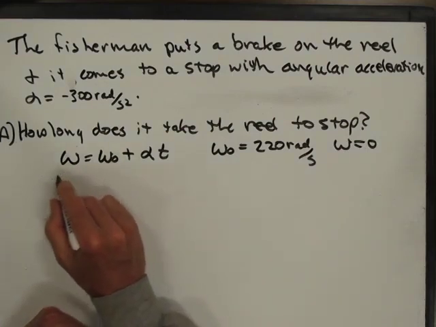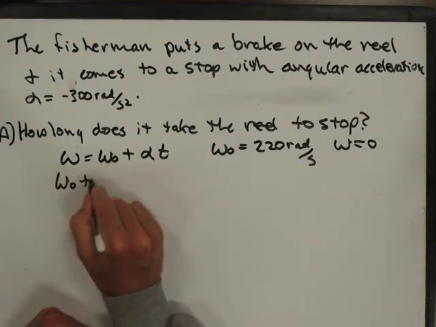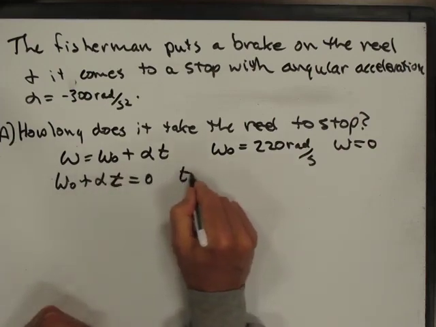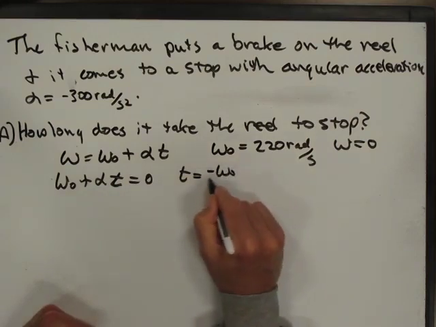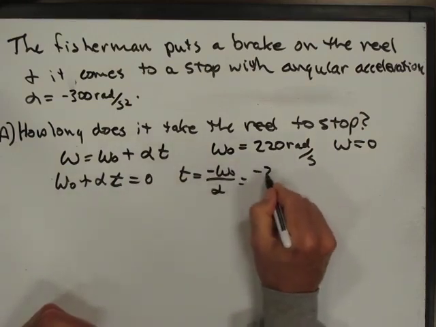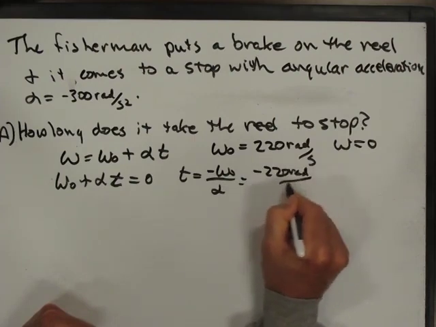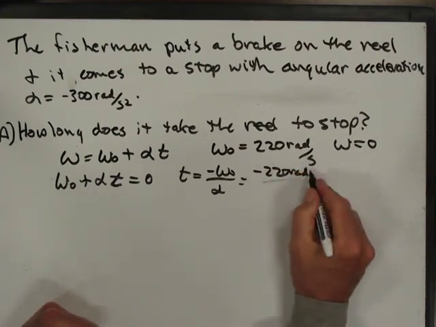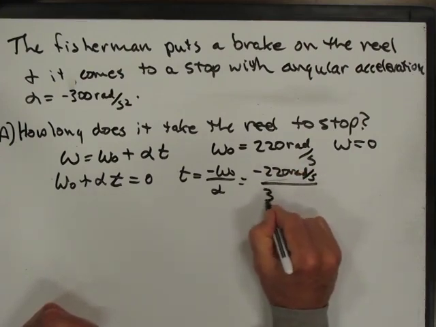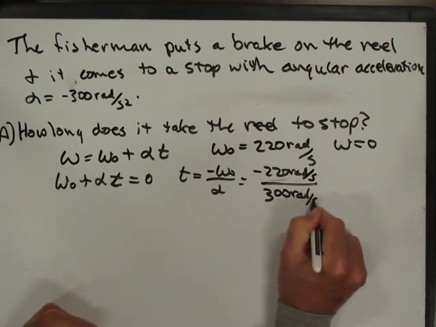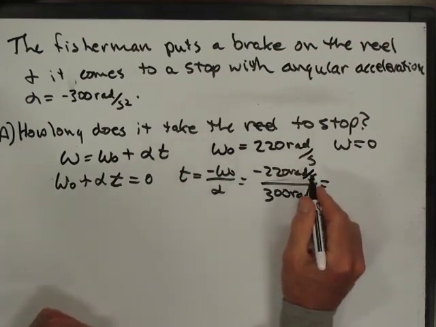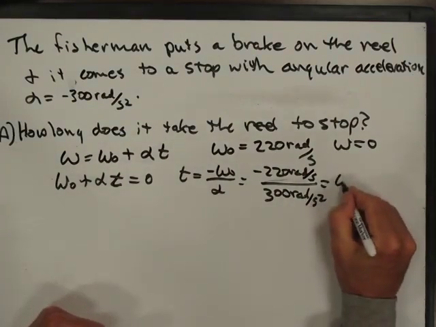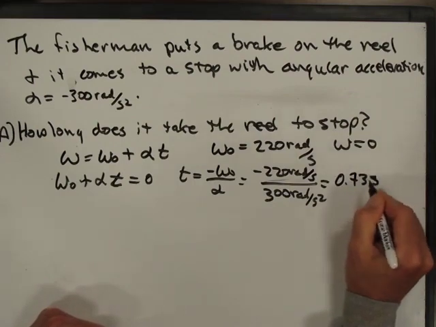And so this gives us omega naught plus alpha times time equals 0, or time is equal to minus omega naught over alpha, which is minus 220 radians per second over 300 radians per second squared. And what I get for that is about 0.73 seconds.